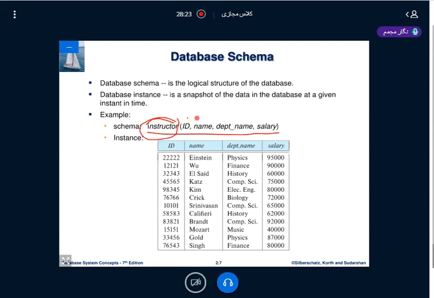Right here, the name of the relation. We write the names of the attributes, and we can find the number of attributes. In total, the database schema is the structure of a database.